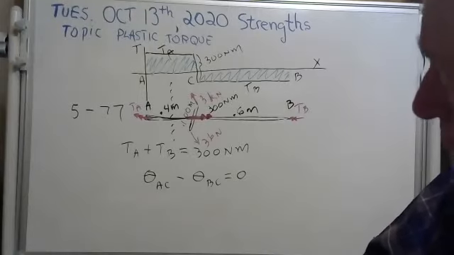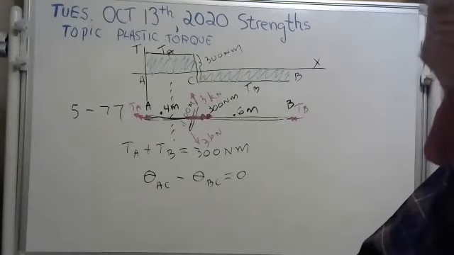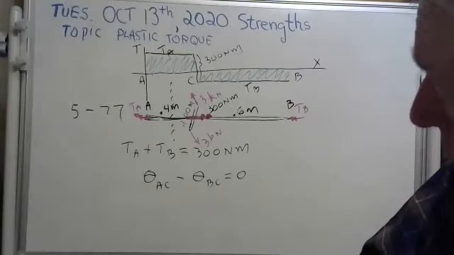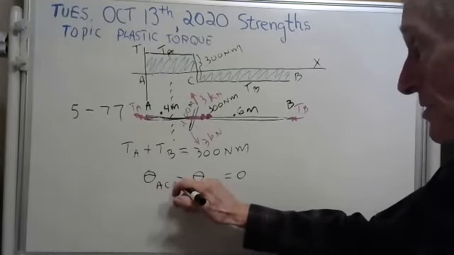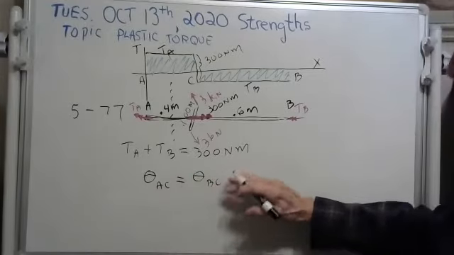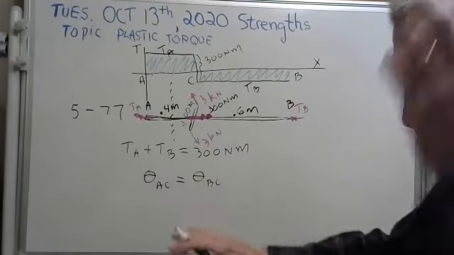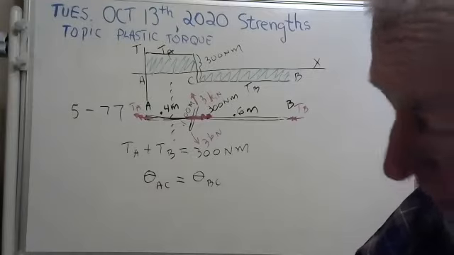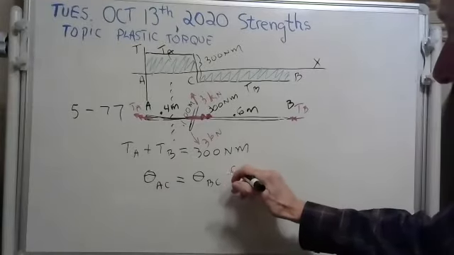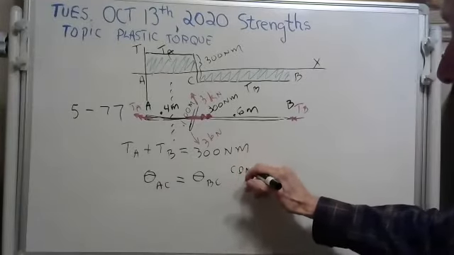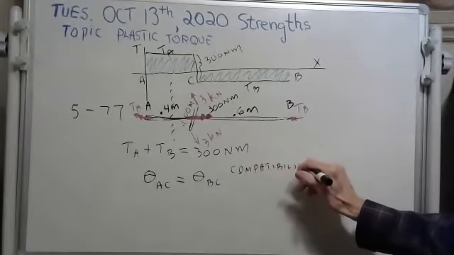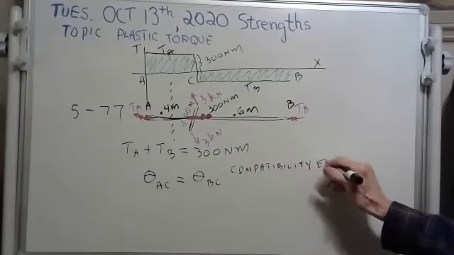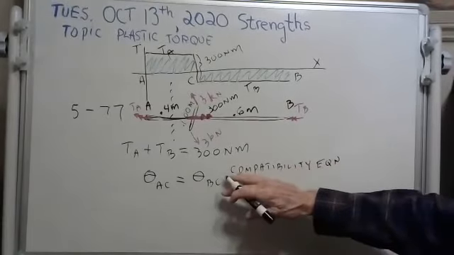That makes sense? And you could just set them equal. You could just say AC is equal to the angle of twist of BC. You just do a little algebra and there you got it. Now this is called your compatibility equation.